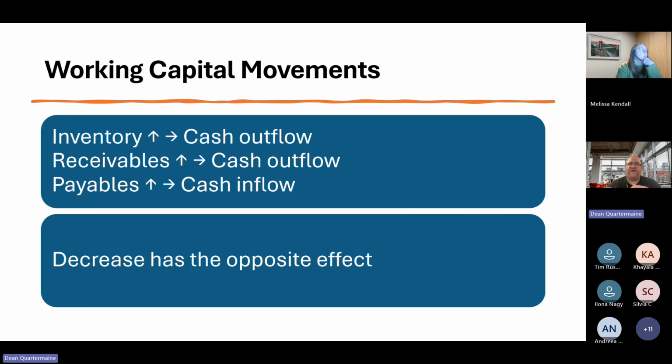Because if you think about if I extend more credit, so higher receivables, I don't have the money, do I? So you've outlaid more cash to extend that position. Payables, if payables increases, then you've got cash inflow, and decreases have the opposite effect.